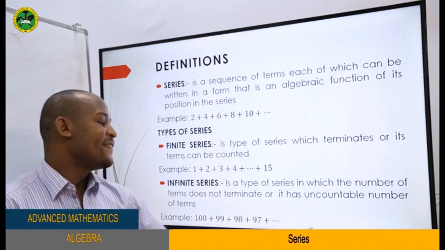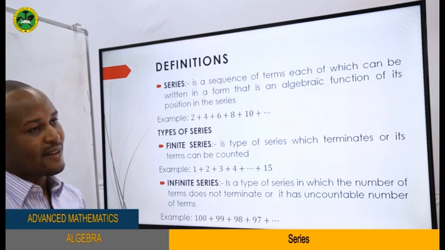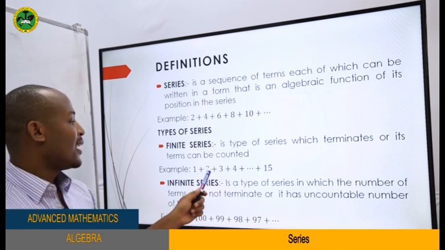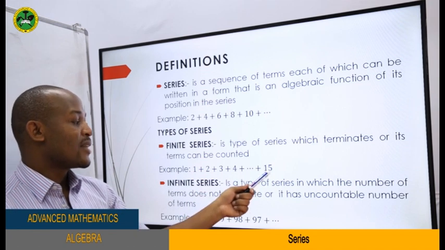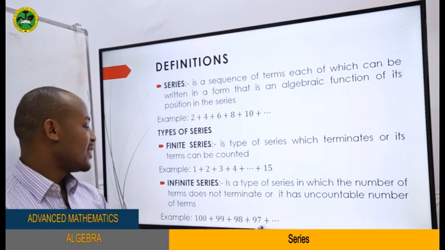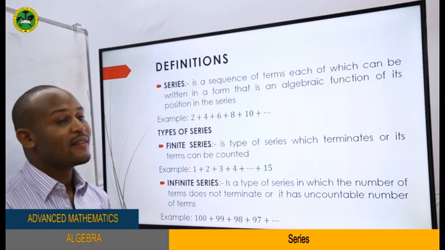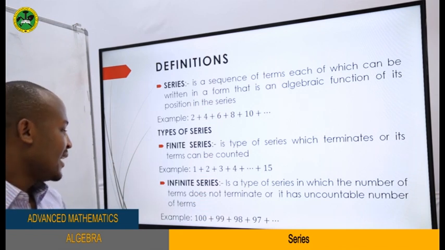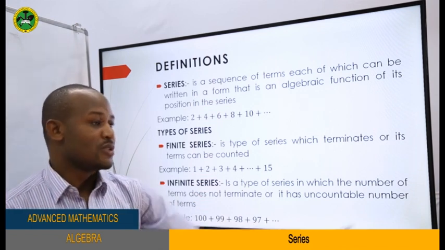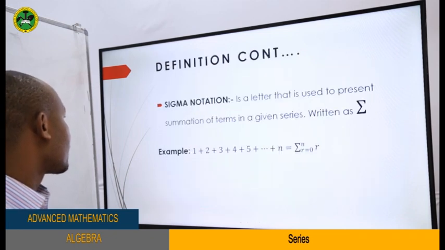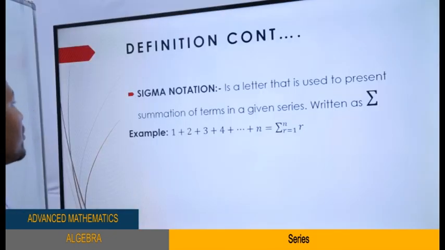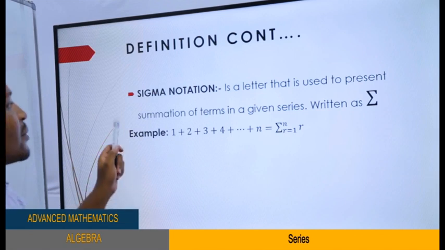But we don't have the end or the last term. As in the last type, we had the last term, that was 15, but in this type of series we don't have the last term. It just continues. That is an infinite series.